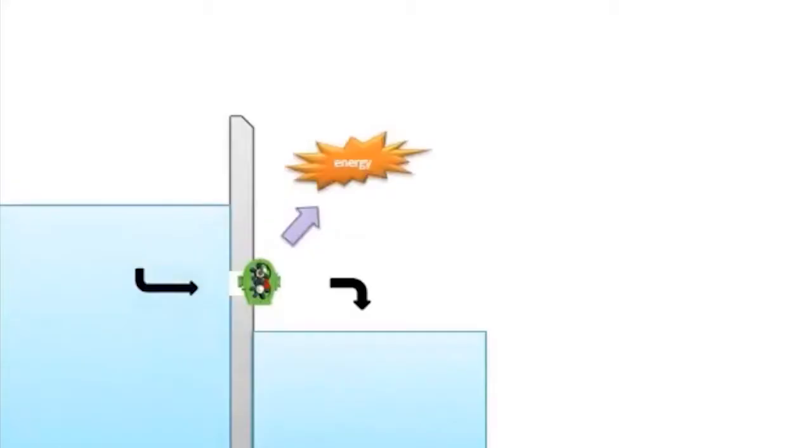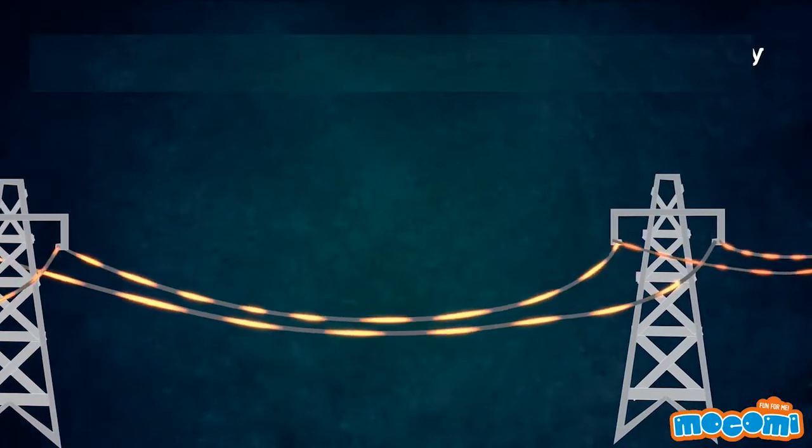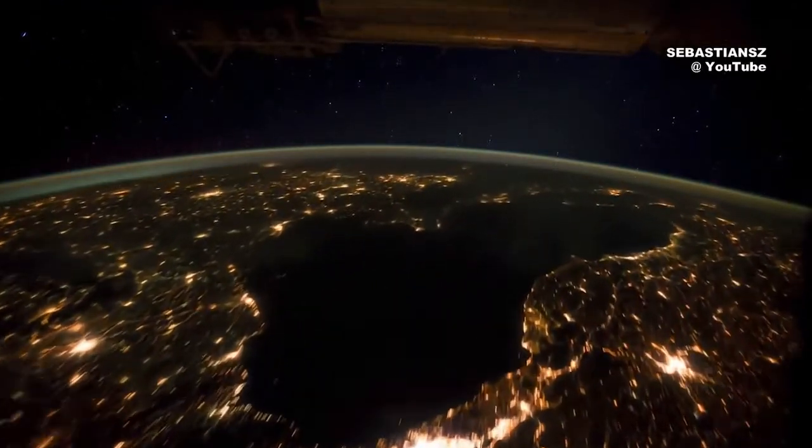And in the barrier, you have a hole that has a turbine so that as the water flows from one side to the other side, it turns the turbine, which then creates energy in the form of electricity, which then goes and powers our machines and our cities and our civilization.